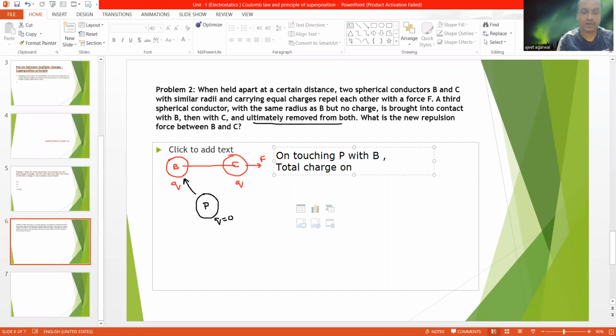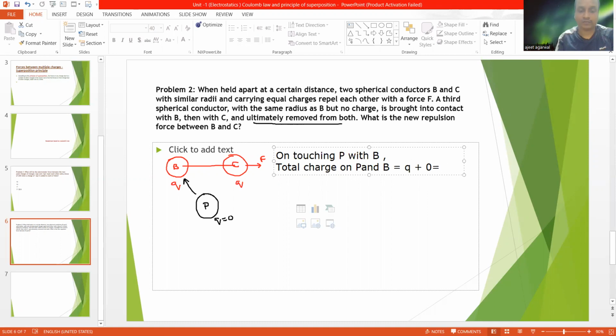Total charge on P and B. It will be, because charge on B was Q assumed and charge of P was initially 0, because it was given that the size is similar to that of B, but it has no charge. What is the total charge?